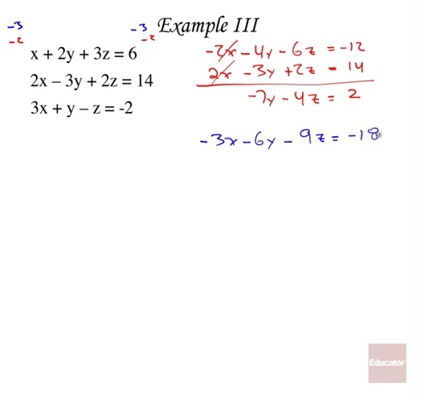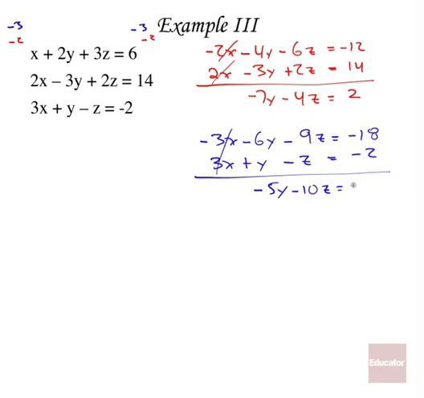And I'm hoping that you're going to confirm my arithmetic here. And then again, I leave this third one unchanged. 3x plus y minus z equals minus 2. I eliminate those. Minus 6y plus 1y is minus 5y. And then I get minus 9 minus 1 is minus 10z.